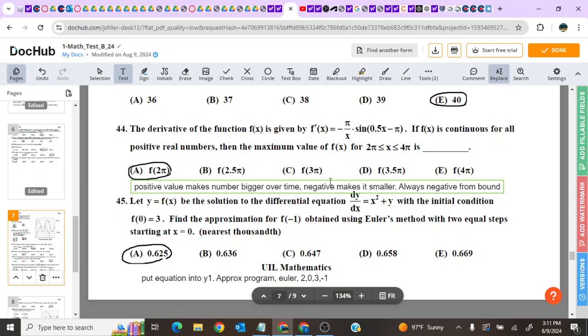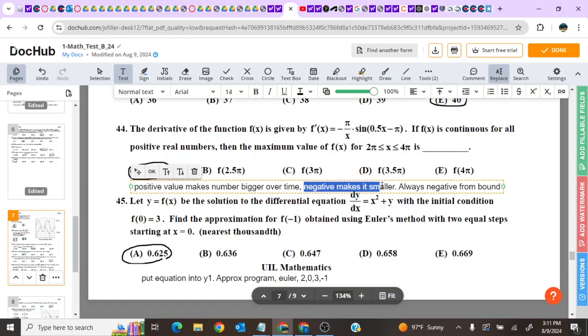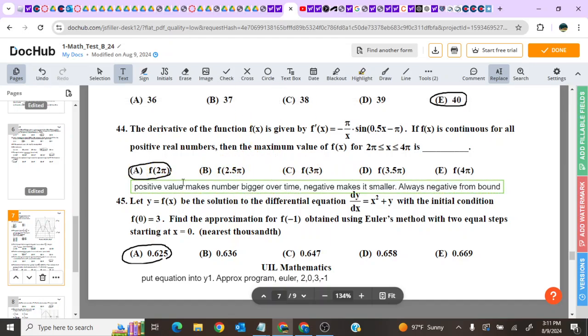From 2 pi to 4 pi, the area under the curve is negative, which means it's always getting smaller. Therefore, the maximum value in that range has to be at the original 2 pi, because the negative slope keeps making it become less and less, basically.